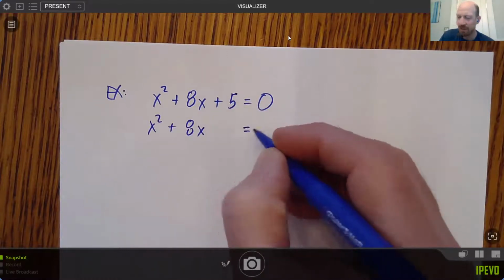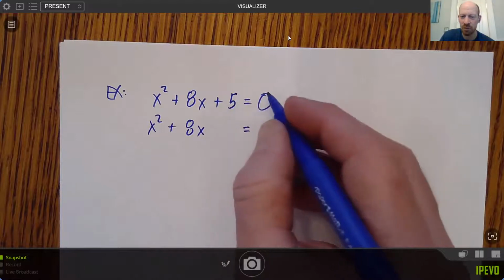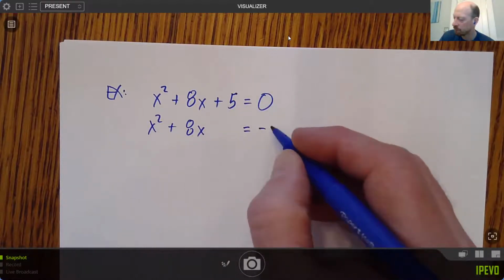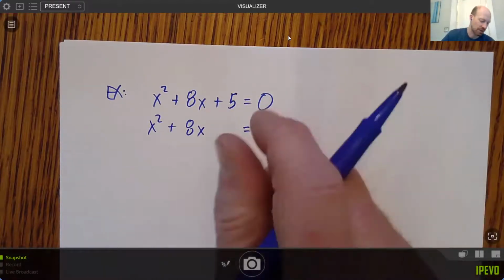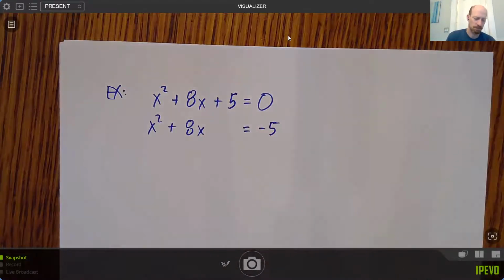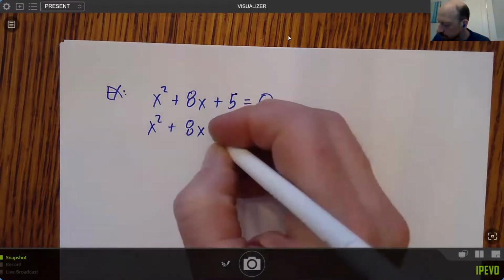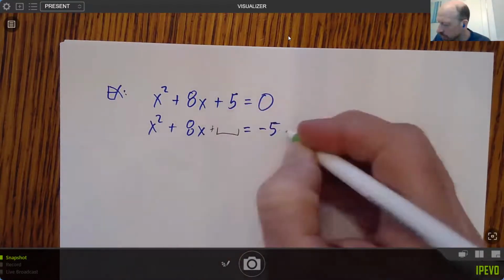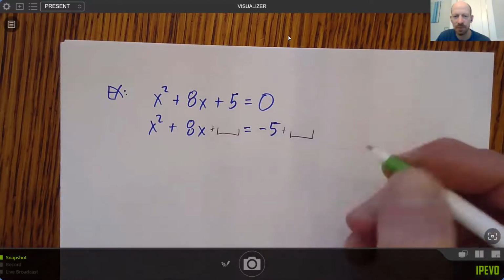This 5 actually is kind of in the way. I'm going to move it over to the other side, which makes it look like this. And now I'm going to add something to both sides.